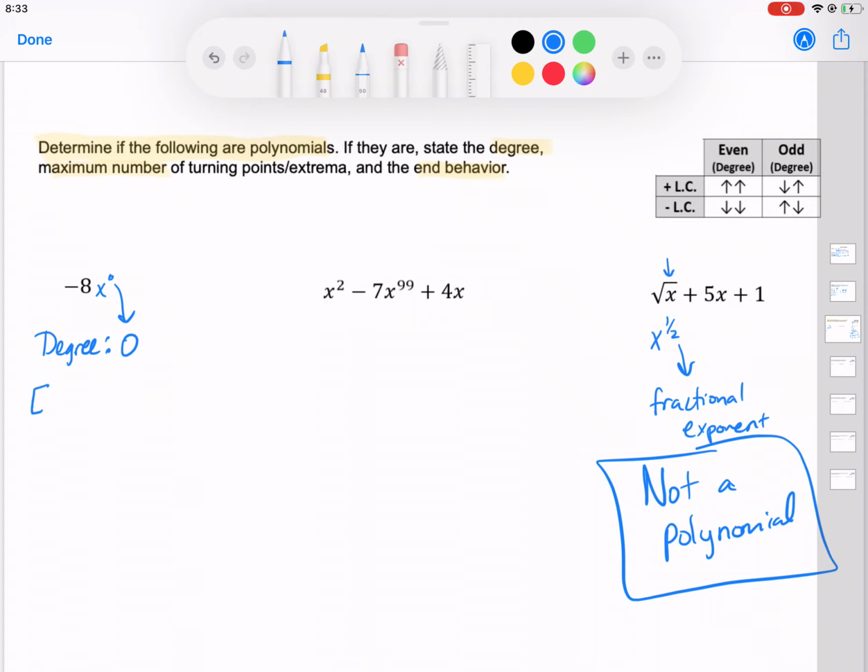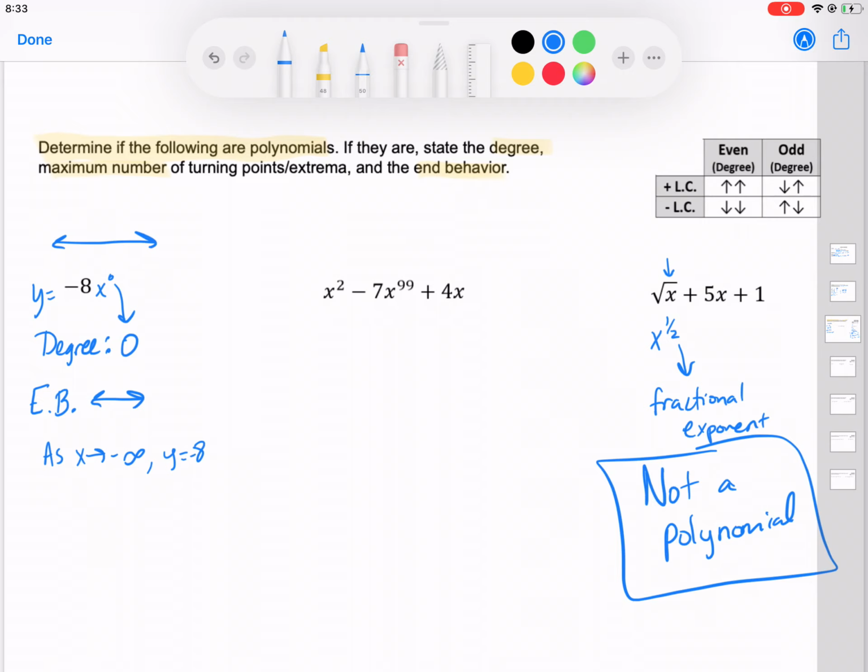End behavior is going to be different than most of the other ones, because if you graph y equals -8, that's just going to be a horizontal straight line. So your end behavior literally is just an arrow like that. If we wrote it out officially, which I'm not requiring you to do, you would say as x approaches -infinity, y is going to be 8, or sorry, -8.